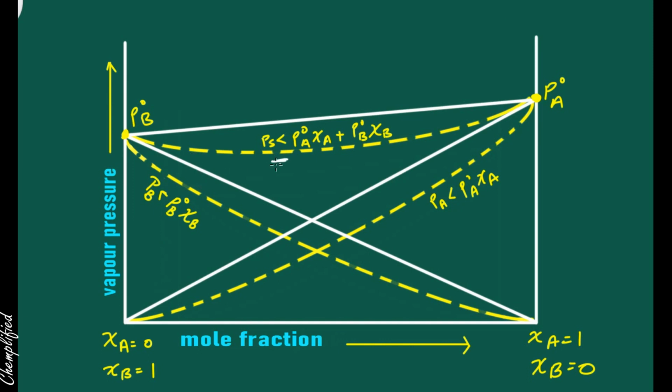This is the total pressure, this is partial pressure of component B, this is partial pressure of component A. These are the three lines which show total pressure, partial pressure of A and partial pressure of B. Remember this graph? This is the graph for a non-ideal solution that shows negative deviation from Raoult's law.